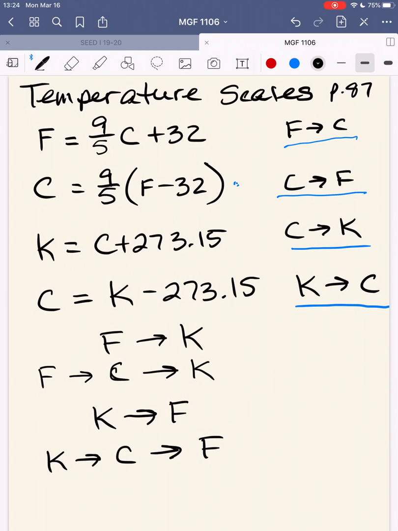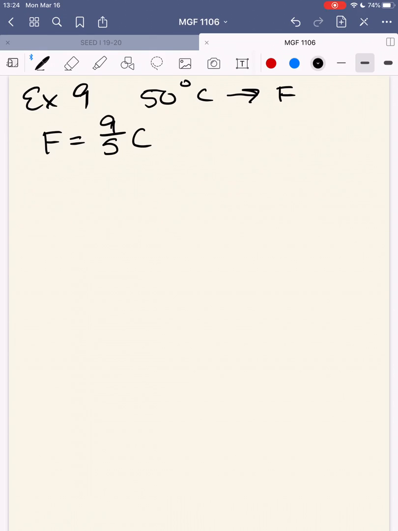I'm only going to look at two examples from here. I'm on page 88, example 9. It says I want to convert 50 degrees centigrade, or Celsius, to Fahrenheit, which means I need this formula: Fahrenheit equals 9 over 5 C, no parentheses, plus 32.